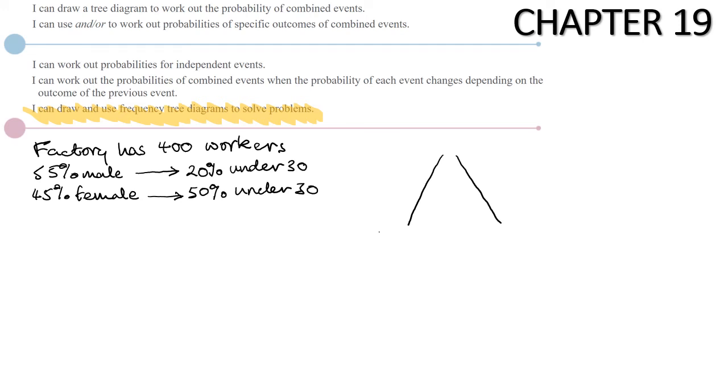So we have our males and we have our females. So we start with 400 of them, don't we? Actually I probably need to be doing it the other way and put the names here at the side. So we'll put males here, females here.